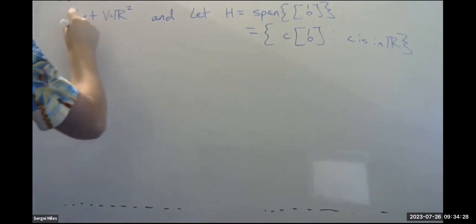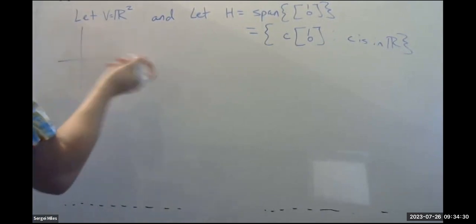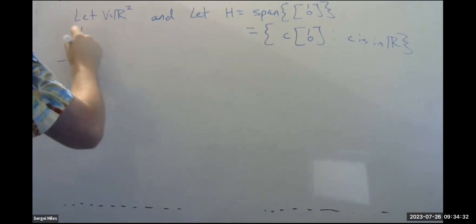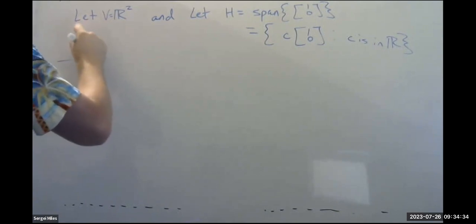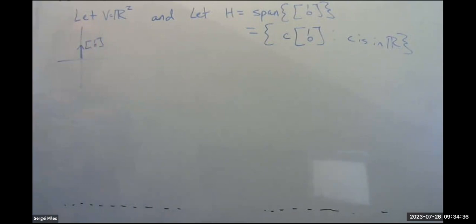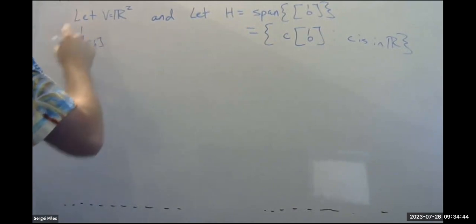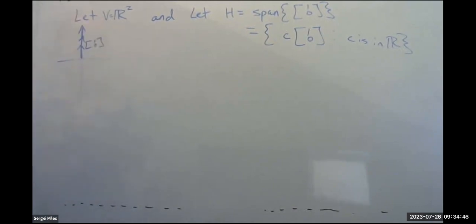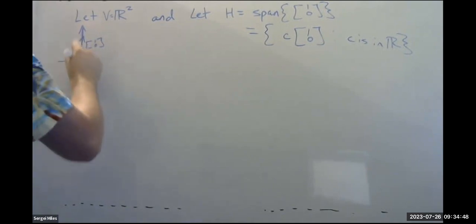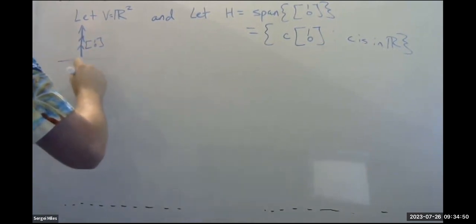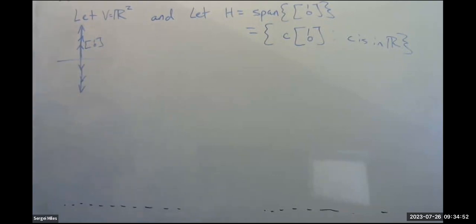Well, if I try to graph this, we know, okay, well, it has the vector (1, 0), right? But it also has any scalar of it. If I double it, okay, well, it has that vector. If I triple it, okay, it has that vector. I can multiply it by -1, -2, -3, right? I can multiply it by fractions.